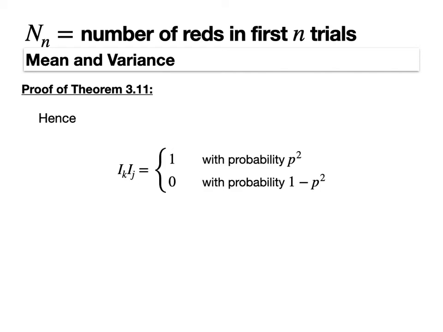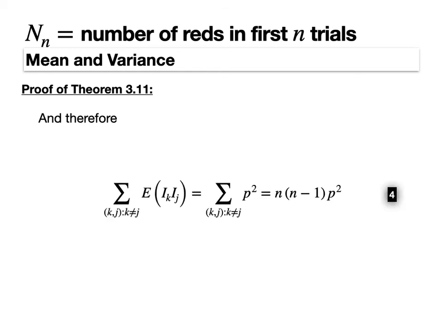The only other value you could possibly have is 0, and so that has to happen with probability 1 minus p squared. And there we have the probability distribution function for I_k times I_j. And therefore the expected value of I_k times I_j would be 1 times p squared plus 0 times 1 minus p squared, or just p squared.